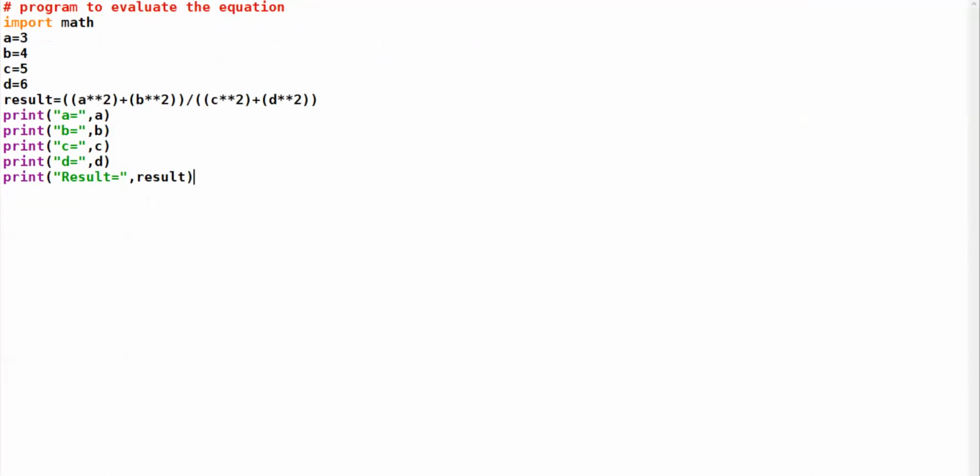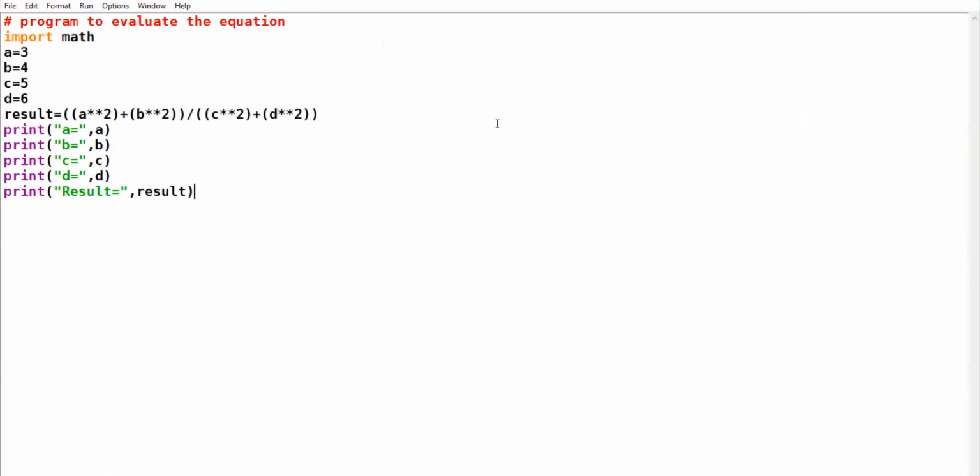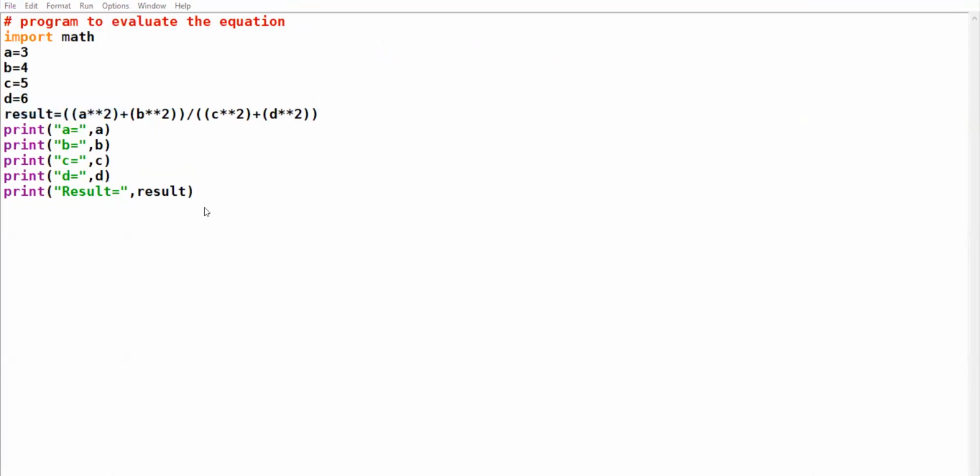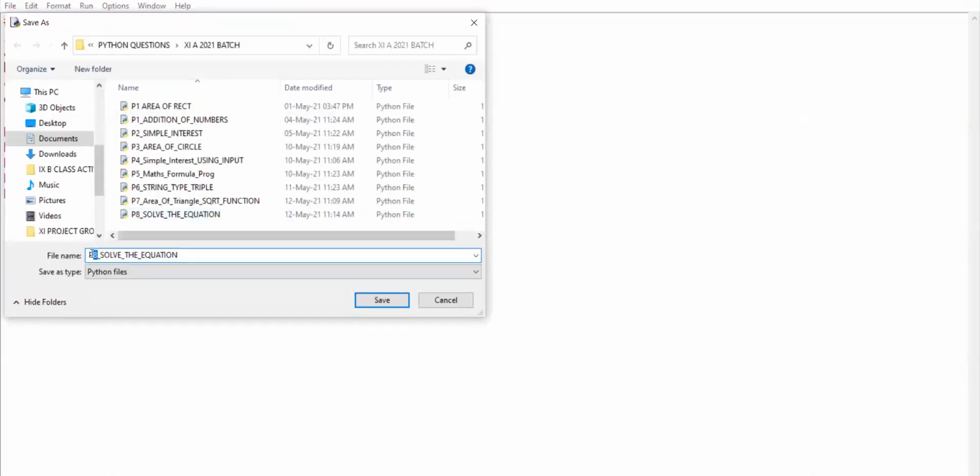Now let us solve some assignment equations. P9, evaluation. My program 9 is based on evaluation.